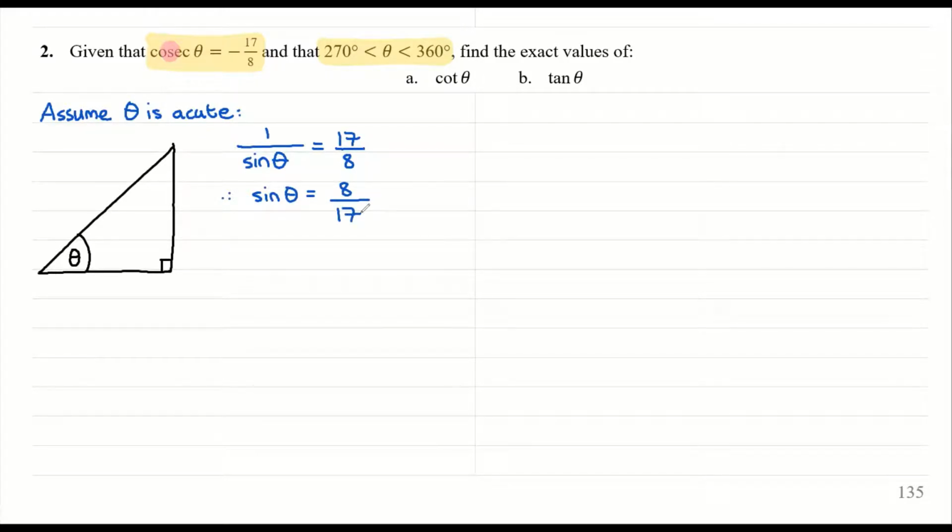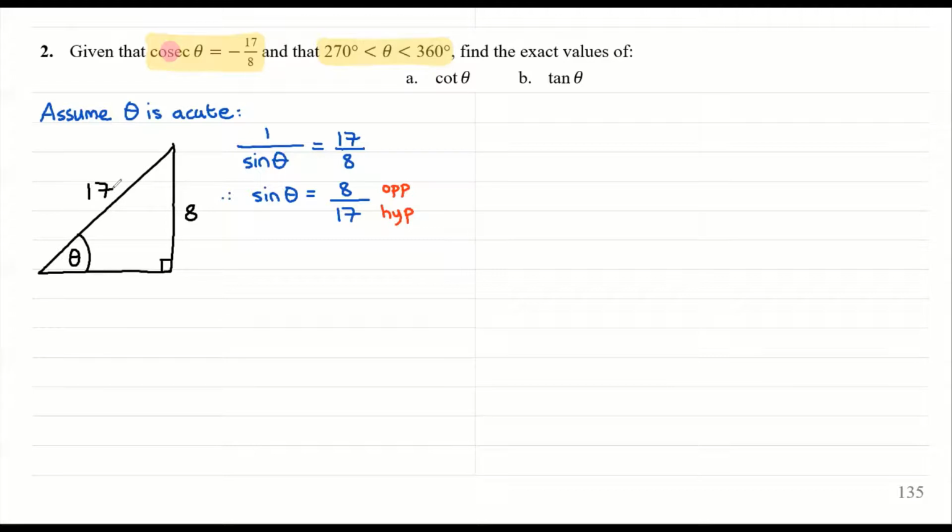Okay, so we need to make sure we assign the sides correctly. So this is, of course, the opposite, and this is the hypotenuse. So let's add those to the diagram. So the opposite side is 8, and the hypotenuse is 17. Now again, if you're not familiar with your Pythagorean triples, we can just use the calculator.